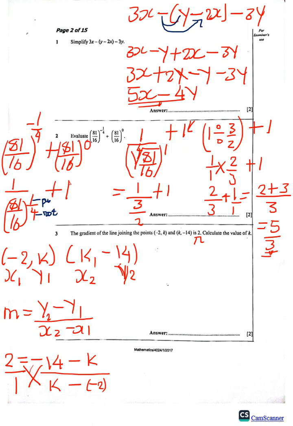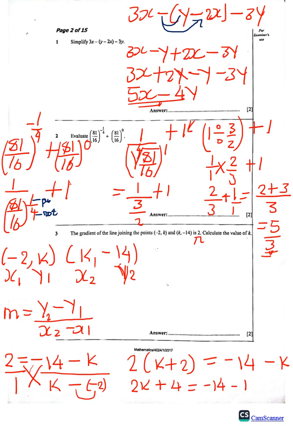So from there we can see that here we are going to have 2k, then this negative times -2 is positive 2, is equal to 1 times -14 minus k is -14 minus k. So 2 times k is 2k plus 2 times 2 is 4 is equal to -14 minus k.